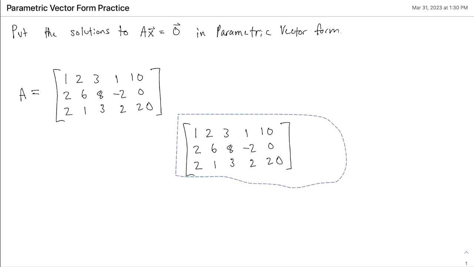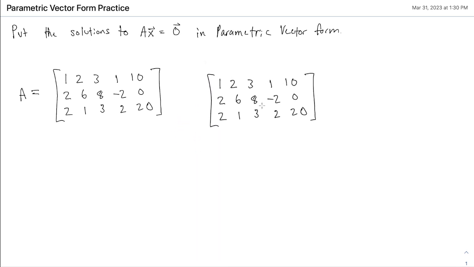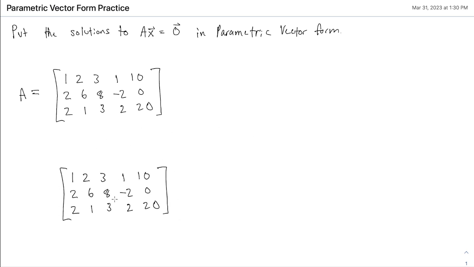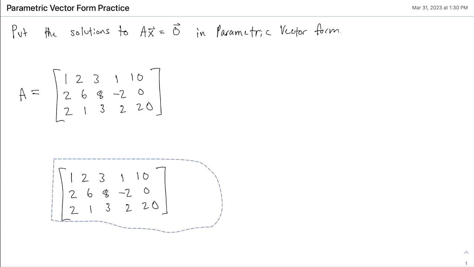I have this copied here so I can do this more efficiently. Ax equals 0 is the same thing as substituting this in for A, because this is A, times some vector x is equal to the 0 vector, okay?